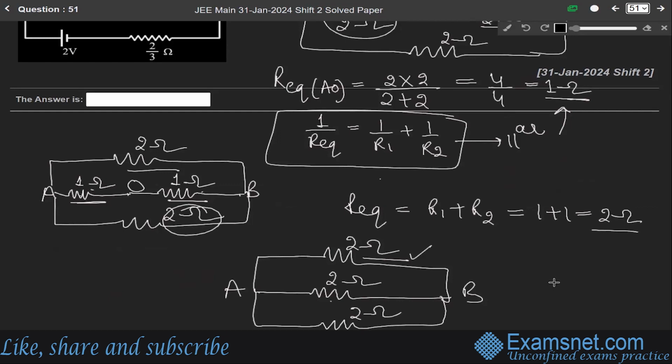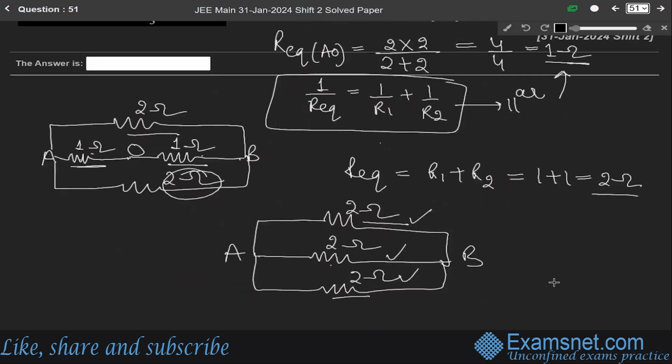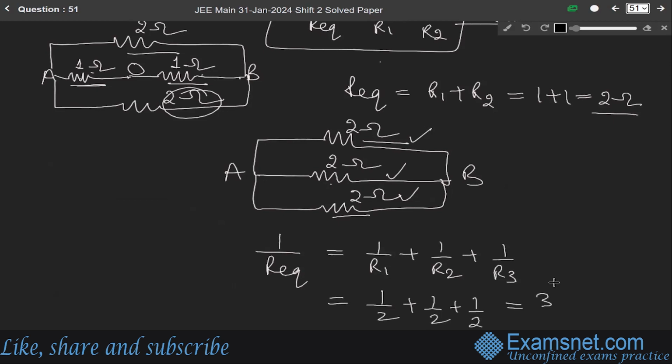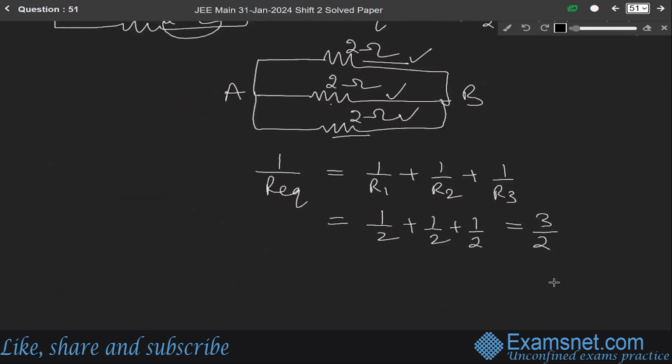Now these three, 2 ohm, 2 ohm, 2 ohm, are in parallel. So 1 over R equivalent equals 1 over R1 plus 1 over R2 plus 1 over R3. Solving it, we get 1 by 2 plus 1 by 2 plus 1 by 2, which is 3 by 2. So R equivalent is 2 by 3.